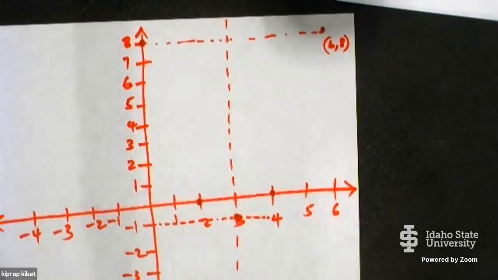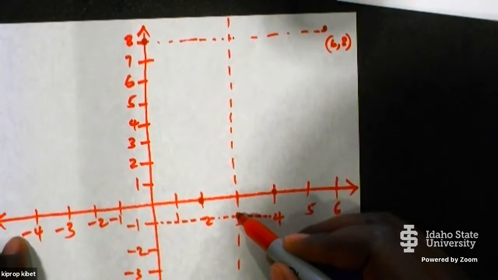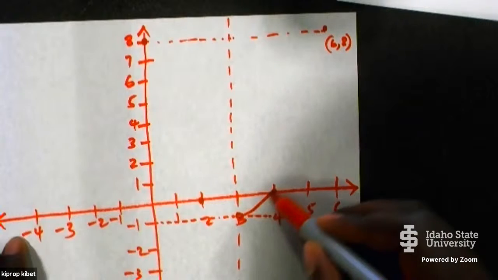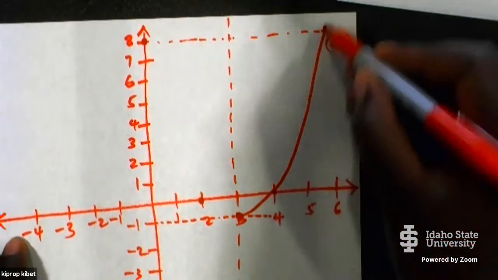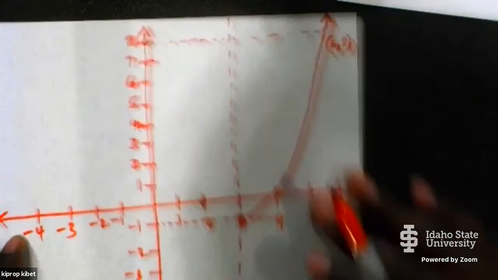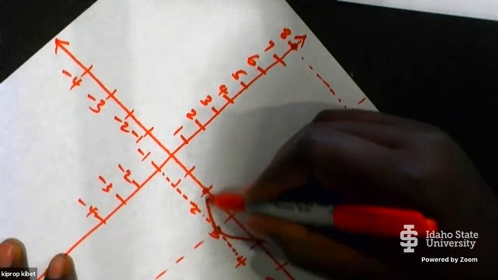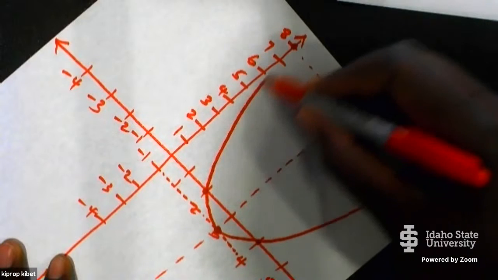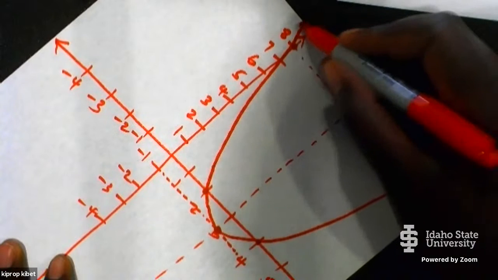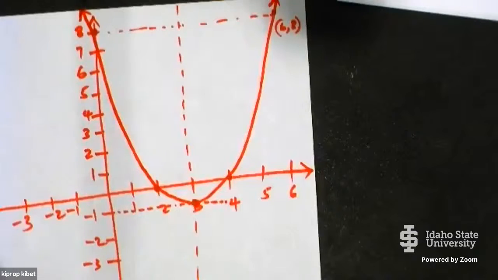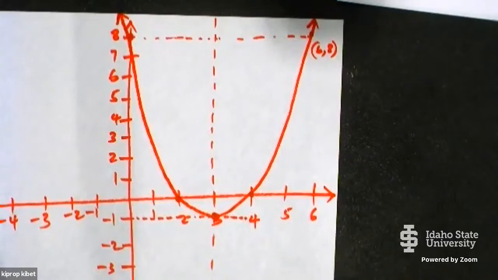Now, how should we draw our curve? It starts from the vertex, which is here, and then it goes this way and that way. And then it goes again through here, goes that way, through that one, like that. Okay? So that's how we draw that.